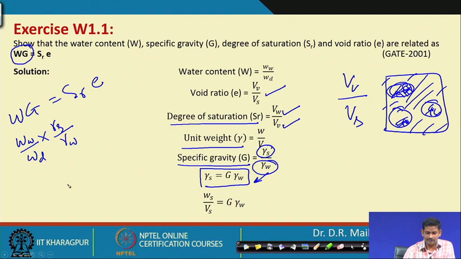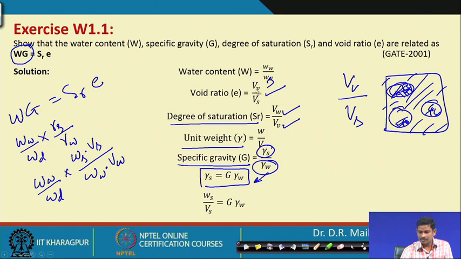Now let us define rho s in density terms, that is W s by V s divided by W w by V w. I would put W s without any confusion.